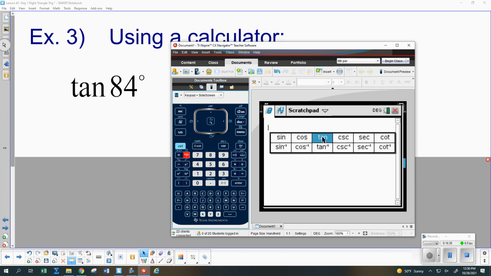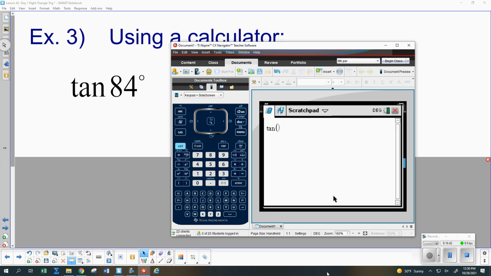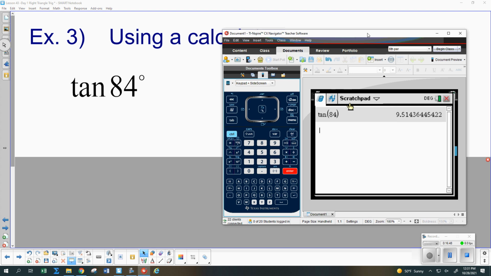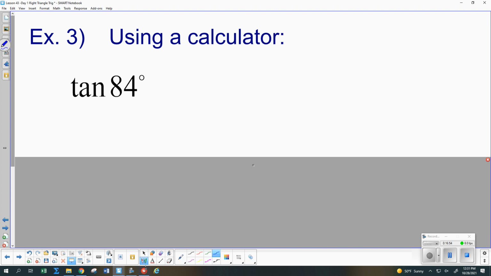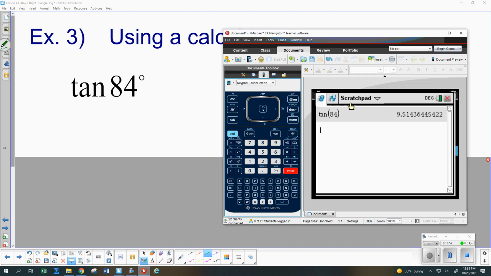And then you go over and you pick the one that says TAN, not with the -1 underneath it, and click that. And inside the parentheses, you simply type 84, and then you push enter. And it tells us that the tangent, if we round to 3 places, would be about 9.514. Everybody got that with your calculator?